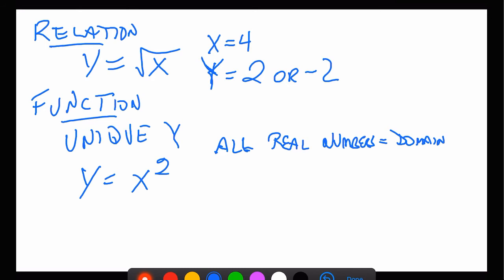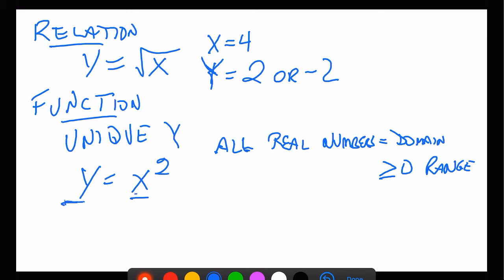There are imaginary numbers, but if I don't put an imaginary number in there, I have to get a positive. So my range is all real numbers greater than or equal to 0.